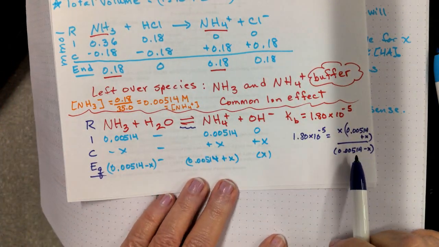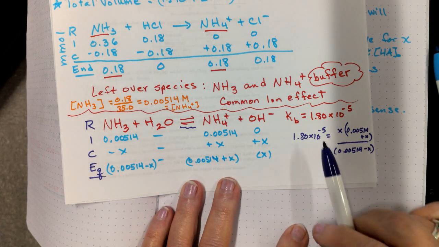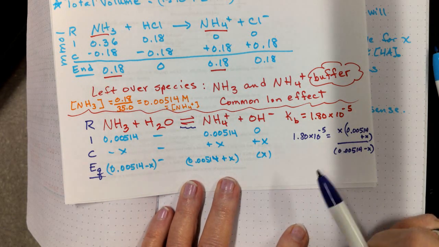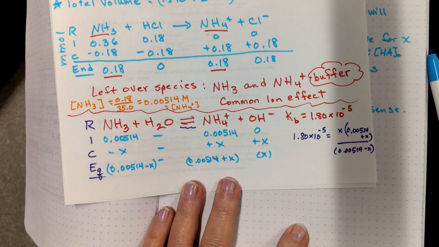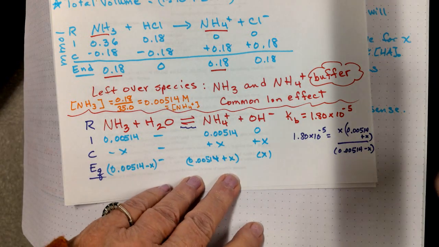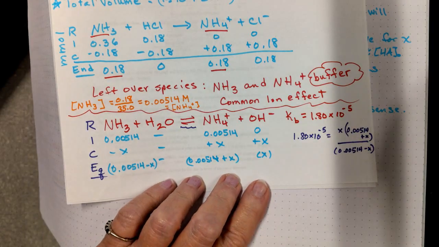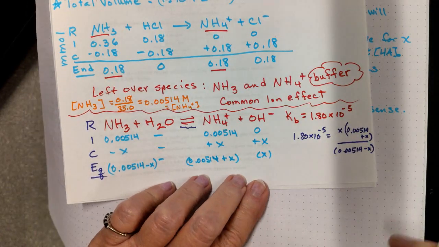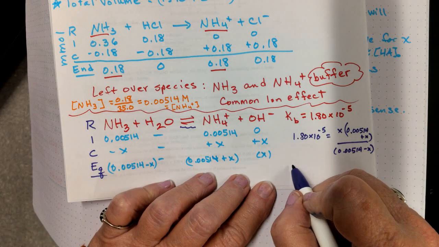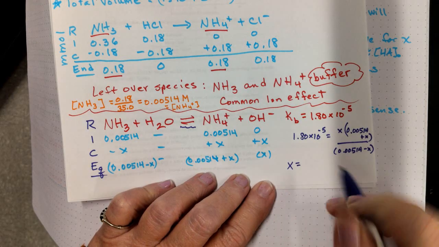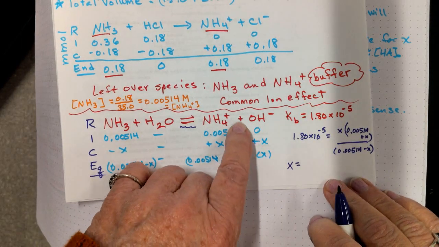And you see that we are 10 to the negative 3, 10 to the negative 5, so technically I shouldn't be making my assumption, but I still am because I don't have a calculator that can do the quadratic for me. So here we go. We're going to say then x equals, and I go back to my table, what was x? Hydroxide.